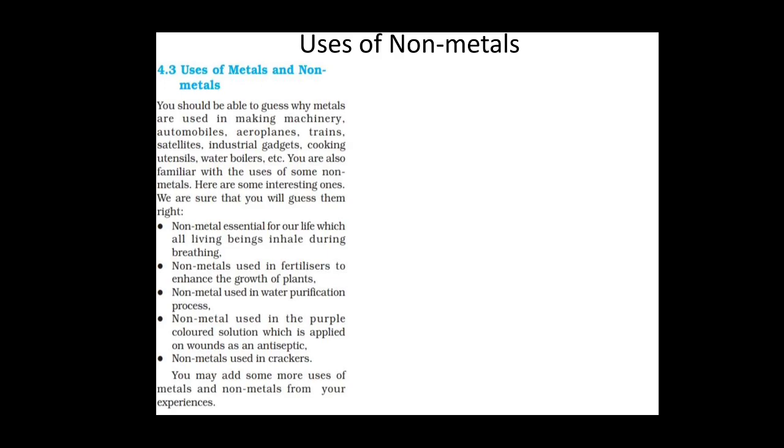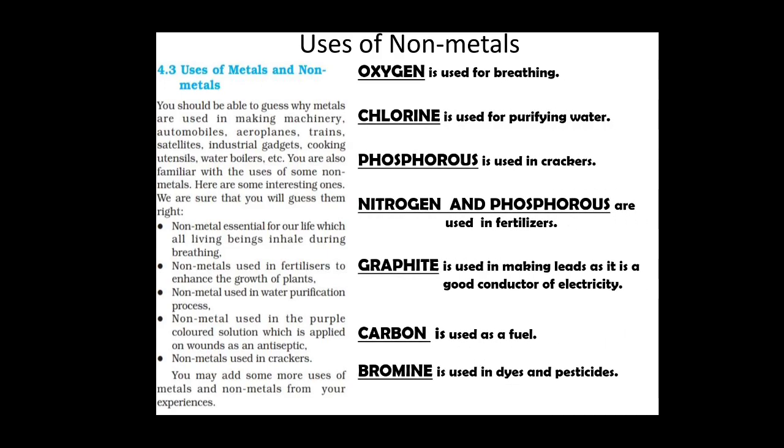So, here I have given a few more examples. Oxygen is used for breathing, we already discussed. Chlorine is used for purifying water, discussed. Phosphorus is used in crackers, that is also discussed. Along with phosphorus, sulfur is also used for the same purpose. Nitrogen and phosphorus are used in fertilizers, discussed. Graphite is used in making leads as it is a good conductor of electricity.